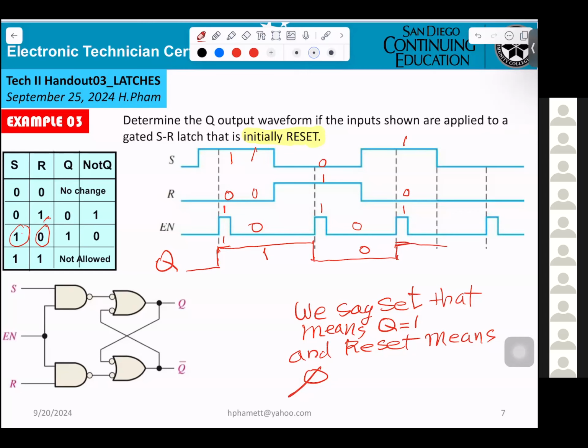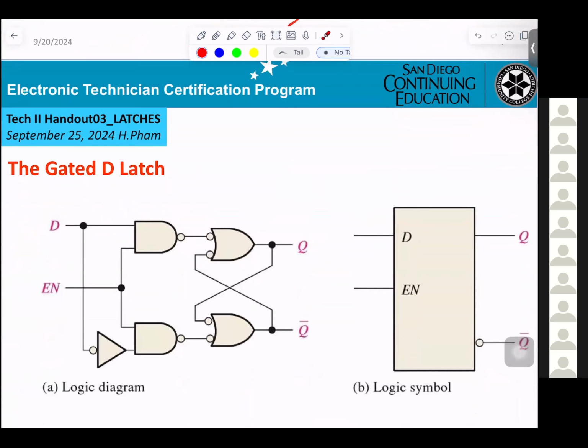Now they connect into D here. They call it a D latch. Same thing. Q equal D when enable equal to 1. If enable equal 0, Q will be no change.